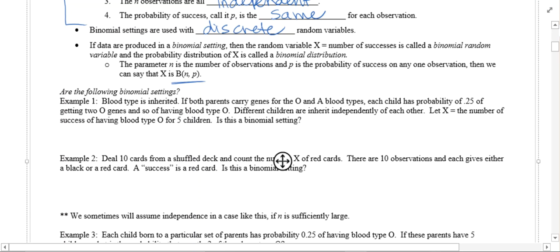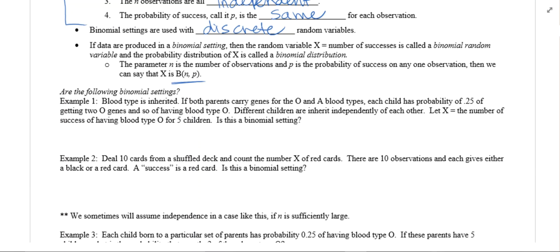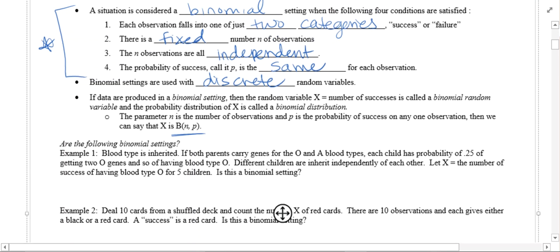Okay, so to determine if it is a binomial setting, we need to just verify those 4 conditions above. Okay, so does it fall into just one of 2 categories, success or failure? So is the number 1, we'll bullet point for number 1 true? Yes, it is.